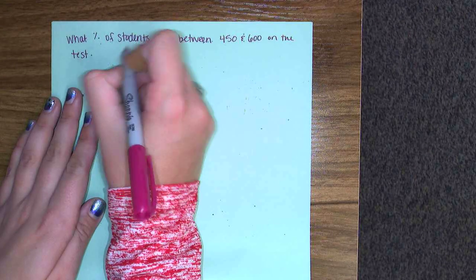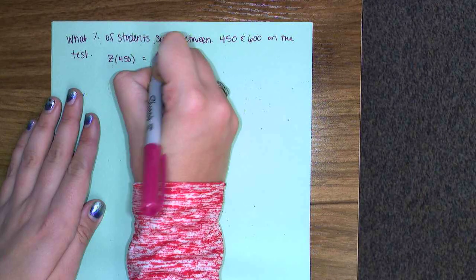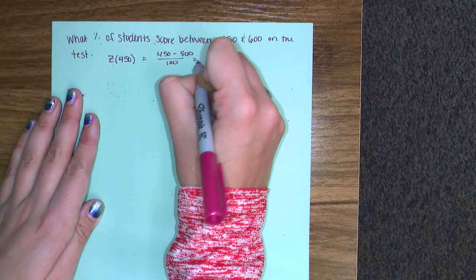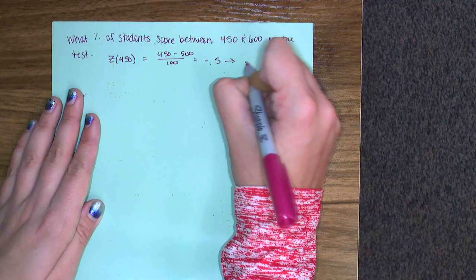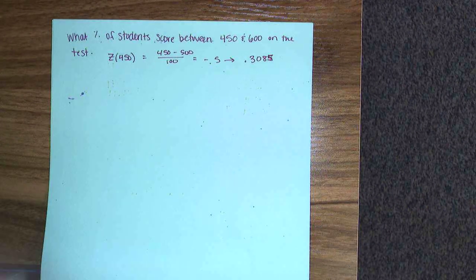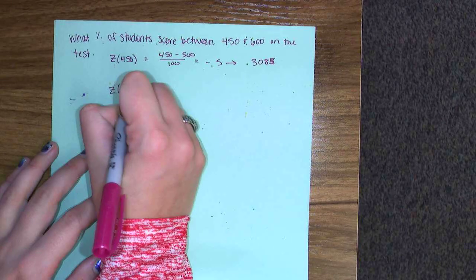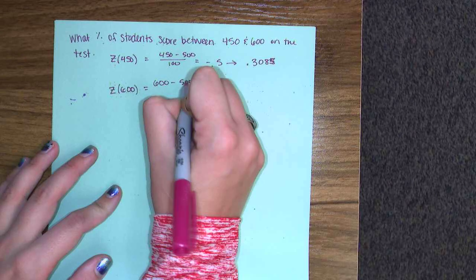So we already know what z of 450 was. That's what we just found: 450 minus 500 over 100, which was minus 0.5, which gave us the value 0.3085. Yes. So now we need z of 600: 600 minus 500 over 100.